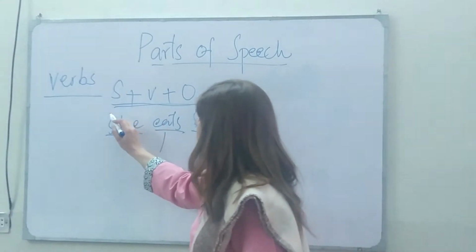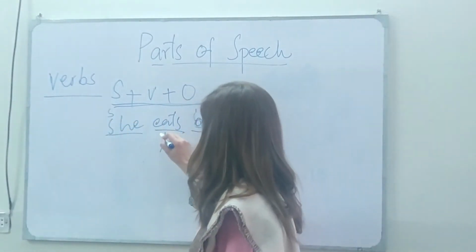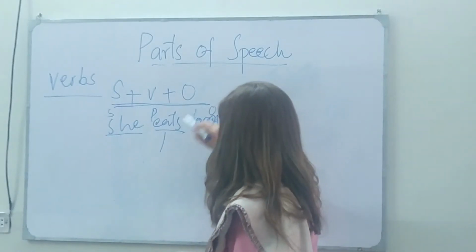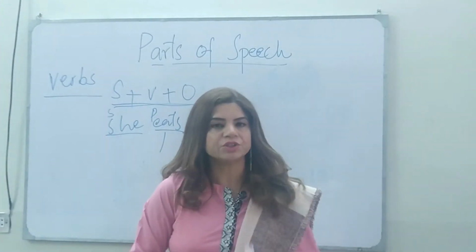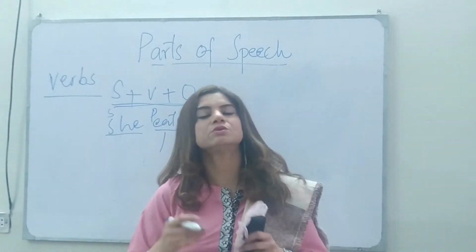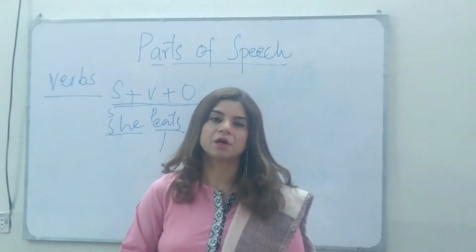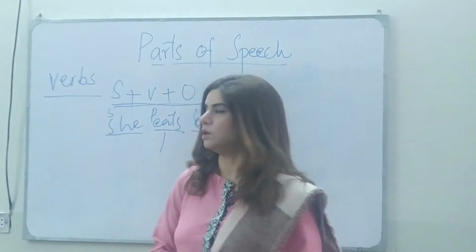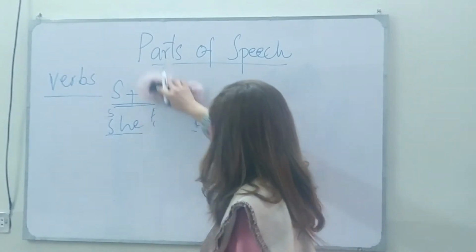So it could be S, subject, verb could be P, predicate, and apple would be object. So the function of the verb in a sentence is to predicate, to tell about the subject. What is he, she, it doing in the sentence?